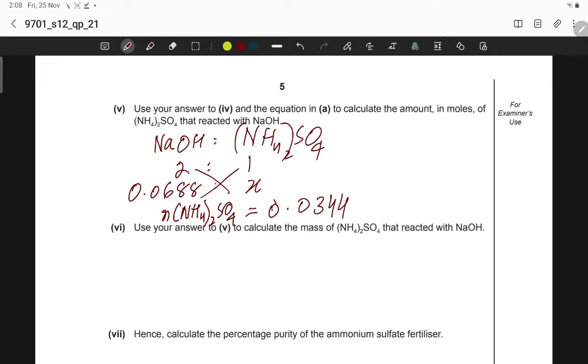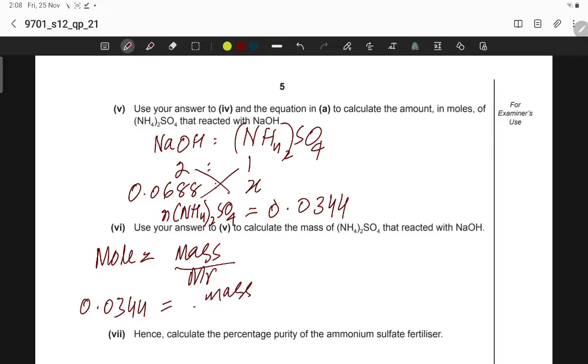Now calculate the mass of ammonium sulfate. Mole is equal to mass over Mr. Moles are 0.0344 and Mr is 132.